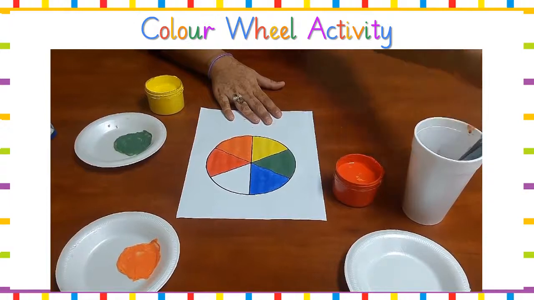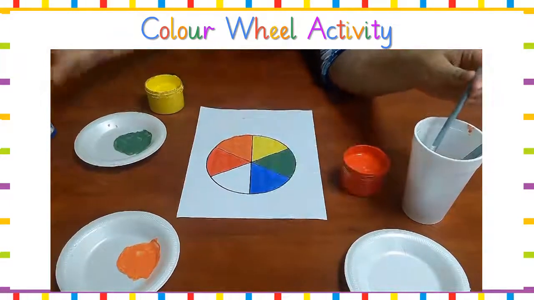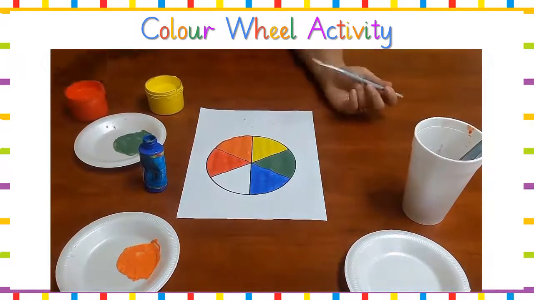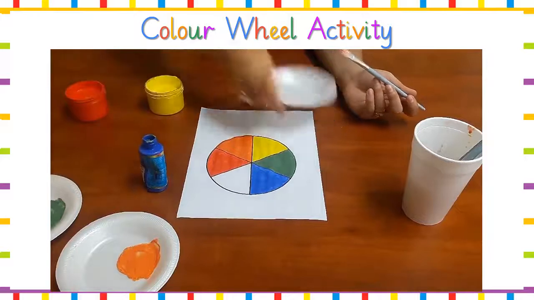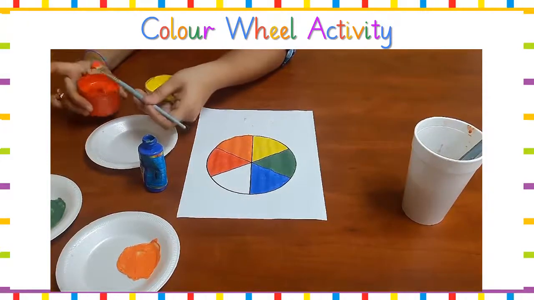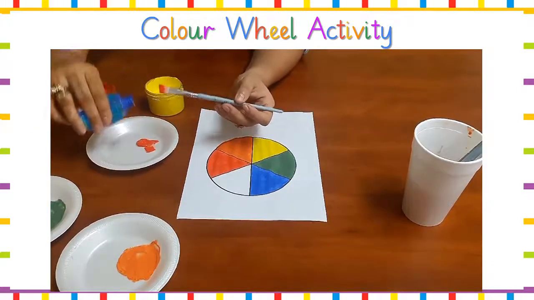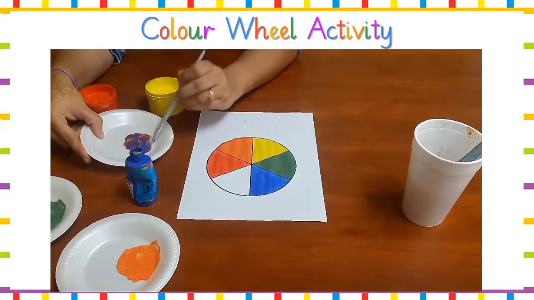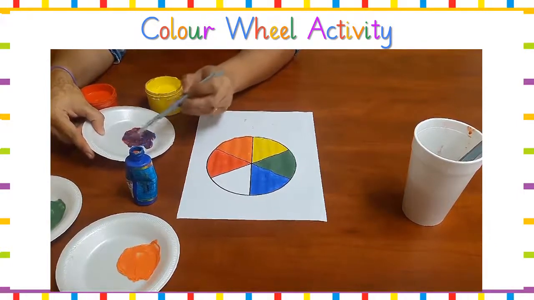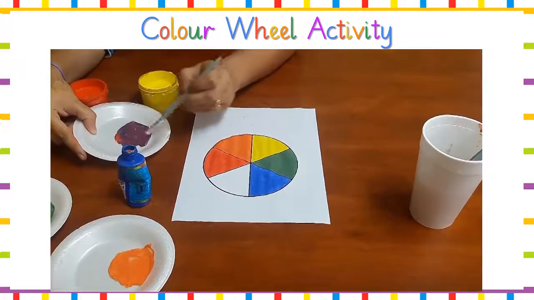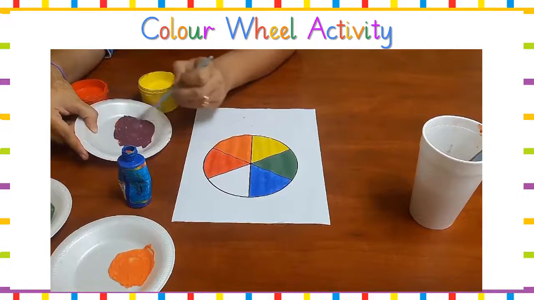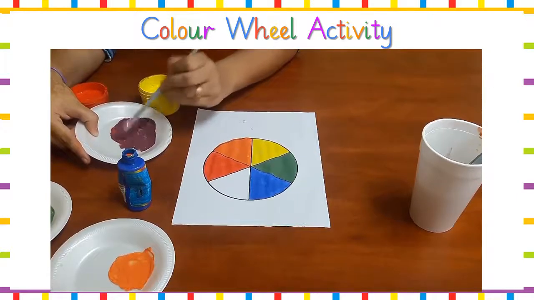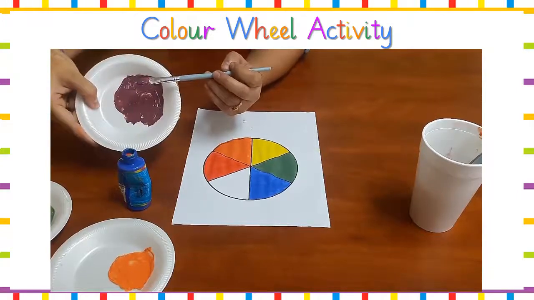Lastly, we mix red and blue to create purple, which is our third secondary color. Then we add it to the color wheel.